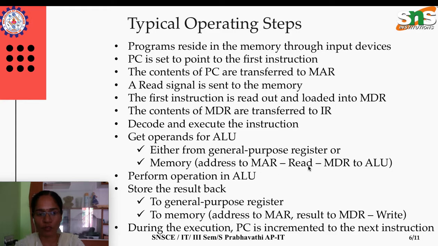Read is used to fetch the instruction from the main memory, whereas write is used to write the data into the memory. The content is placed in the memory data register, and this content is written to the memory by the control unit enabling the write signal.